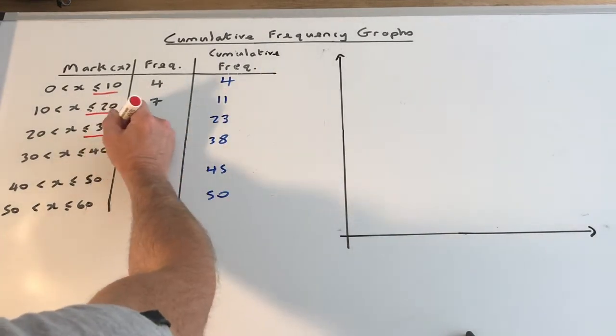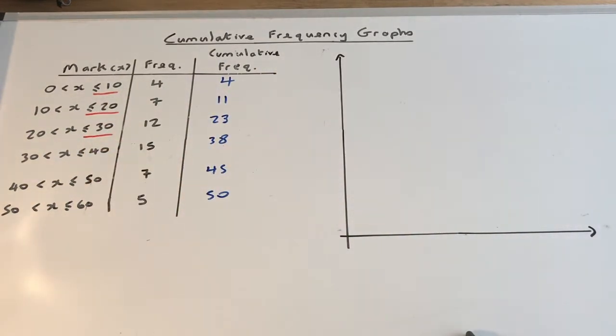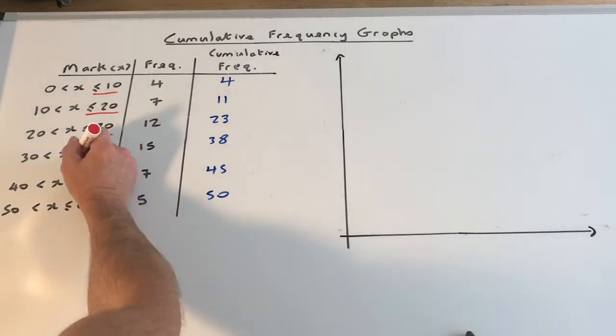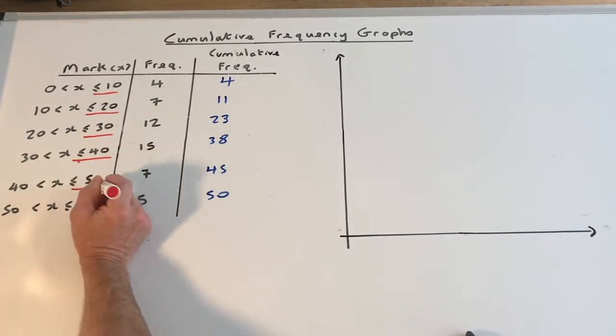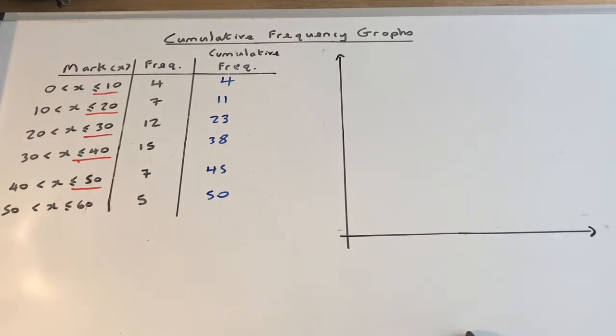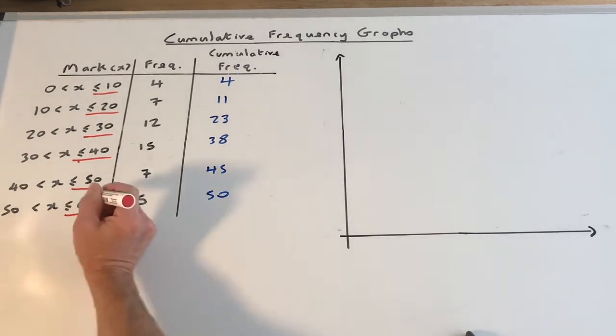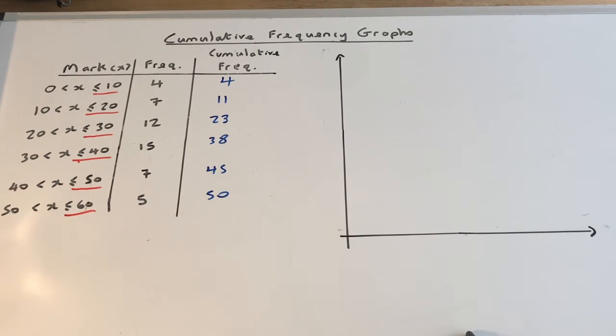These 23 are the people who scored less than or equal to 30. These 38 are the people who scored less than or equal to 40. 45 students scored less than or equal to 50, and 50 students scored less than or equal to 60. So this last number is what tells you the meaning of the running total.